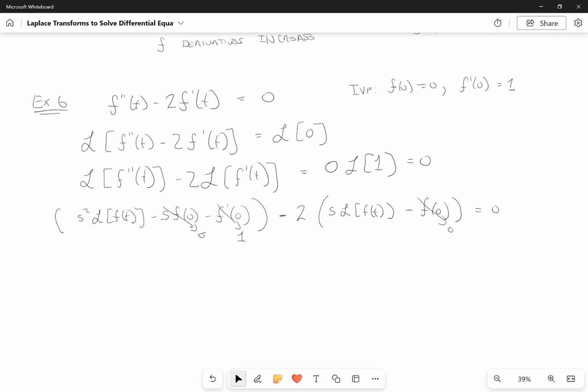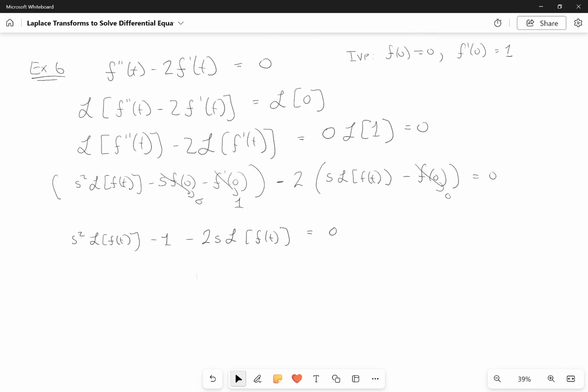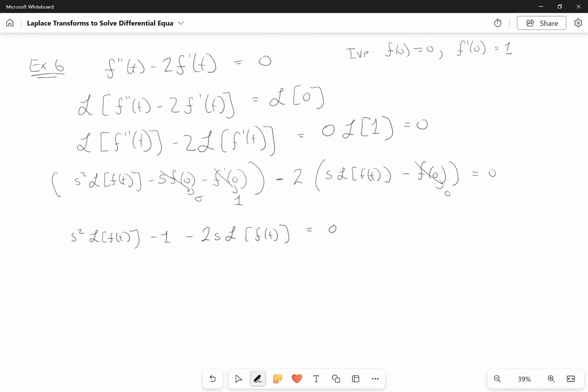Well, we have s squared times the Laplace transform of f of t, minus 1, minus 2s times the Laplace transform of f of t, and that equals 0. Okay, what I can do, I can bring this negative 1 over to the other side. So what I have is s squared Laplace of f of t minus 2s Laplace of f of t is 1.